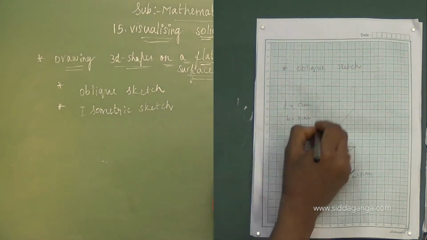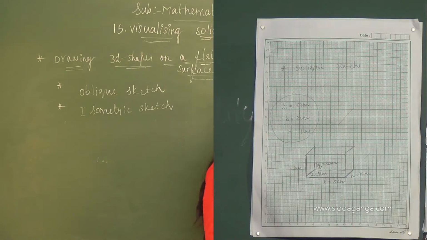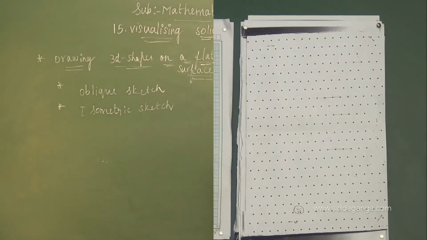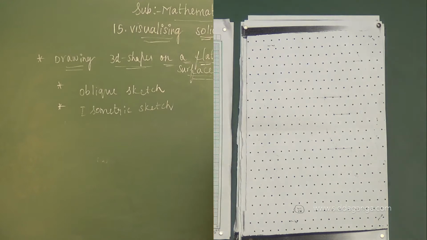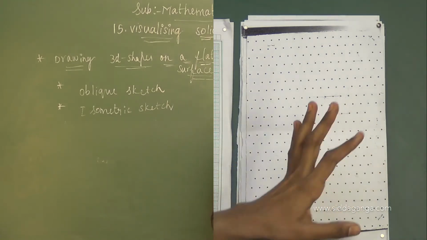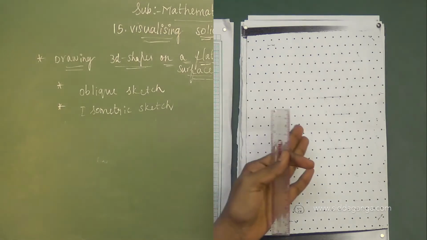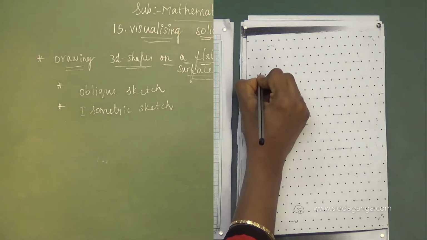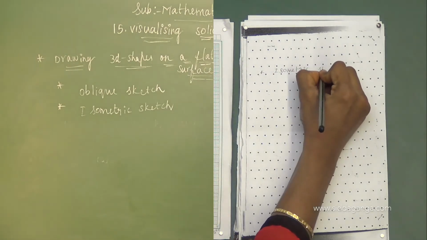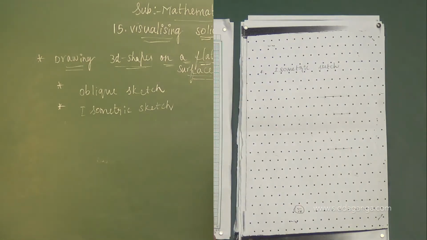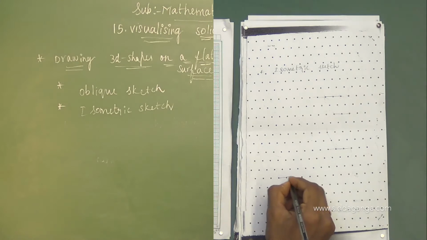Now this same cuboid I am representing on isometric dot paper. Let's go for it. See here children, this is the isometric dot paper. On this paper we can represent the isometric sketch easily. Here the distance between each dot represents 1 centimeter.